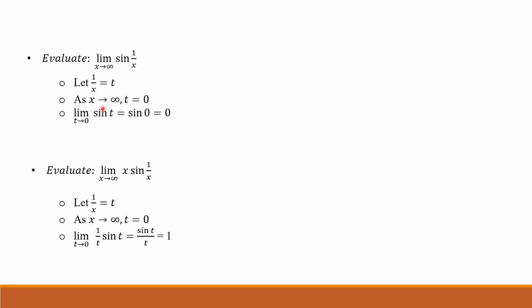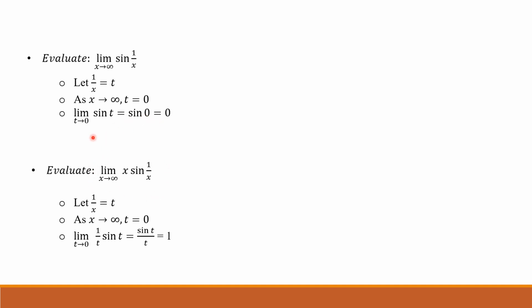And as x is approaching infinity, as the denominator approaches infinity, this means that t is equal to 0. And I rewrite my equation in terms of the new variable t. So instead of saying x approaching infinity, I'm going to say t approaching 0. And now it became sine, instead of 1 over x, I will call it t, sine t. And I do direct substitution. It's sine 0, it's equal to 0.